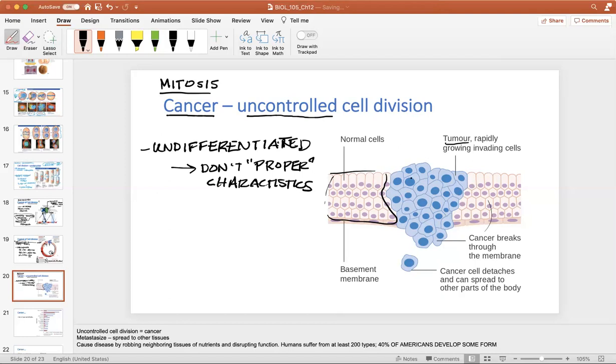And what that means is, because they're just generalized cells, as this tumor gets bigger and bigger, and some of these cells start to detach, they're kind of generalized. They can just kind of go and stick to any other part of the body. And when that happens, when cells detach from a tumor and colonize other parts of the body, you may have heard this term before, that's when we say that the cancer has metastasized.